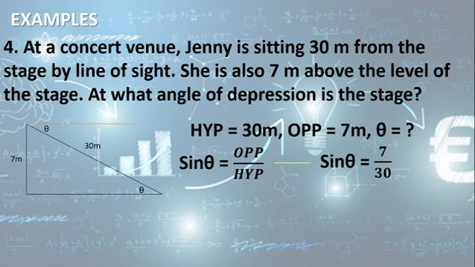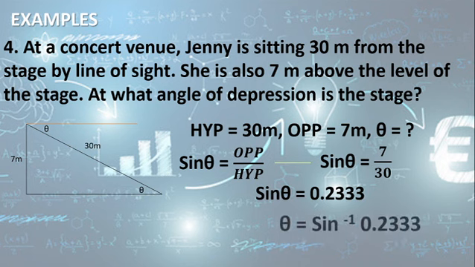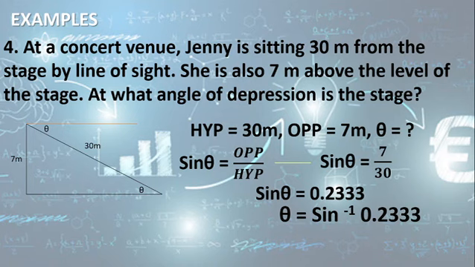Which, if you press your calculator, will be 0.2333, and then you find the arc sine of that value, arc sine 0.2333, and your final answer will be 13.49 degrees.